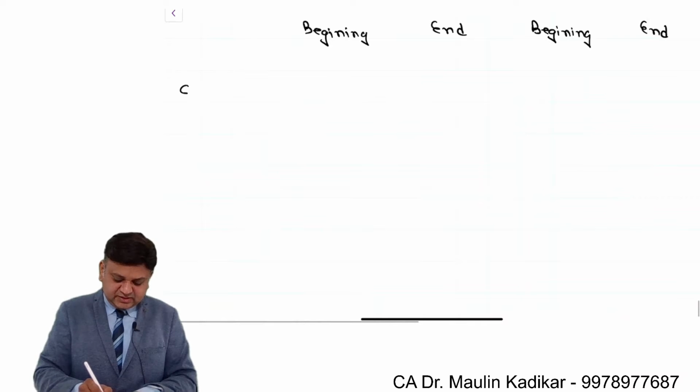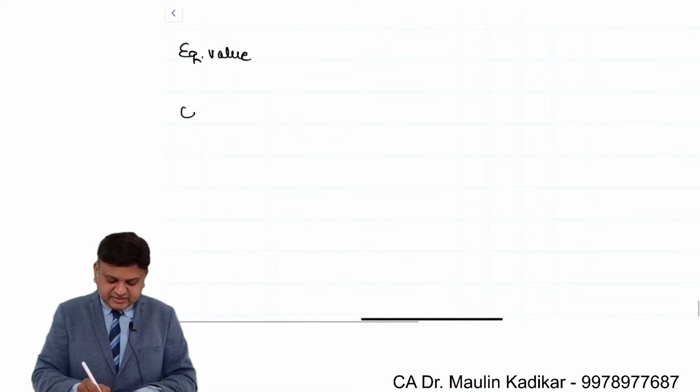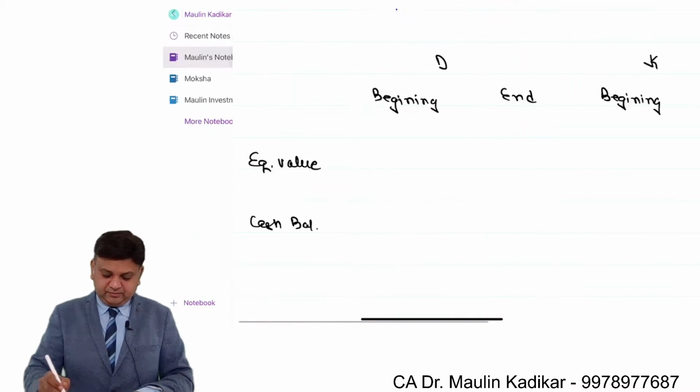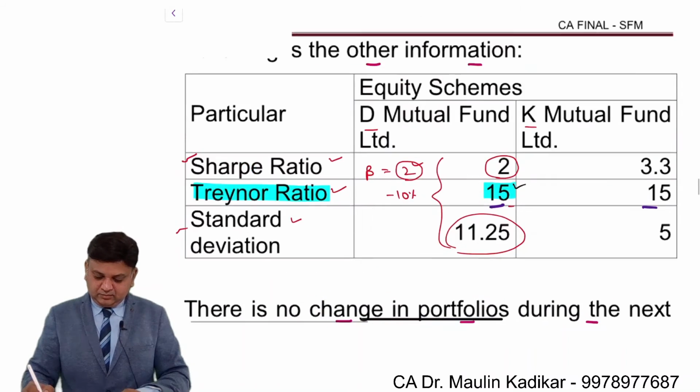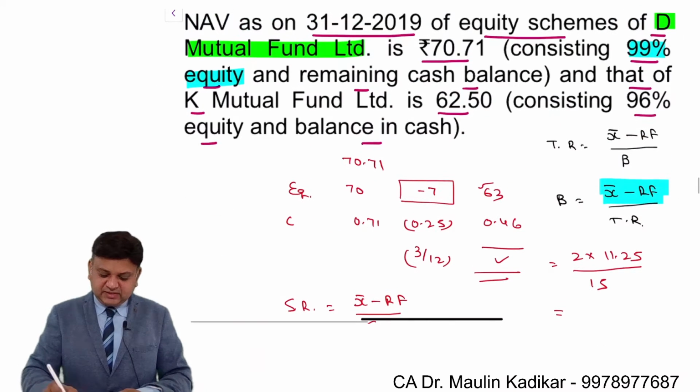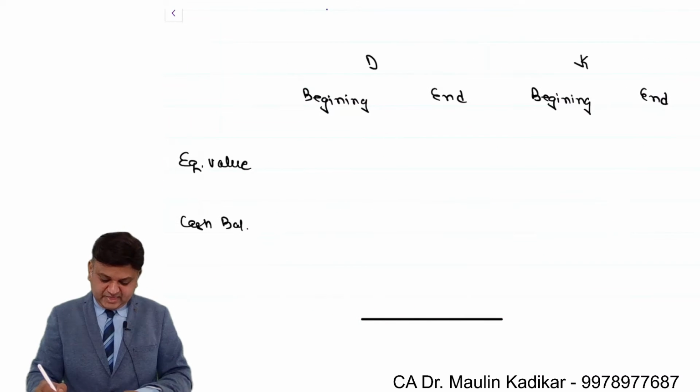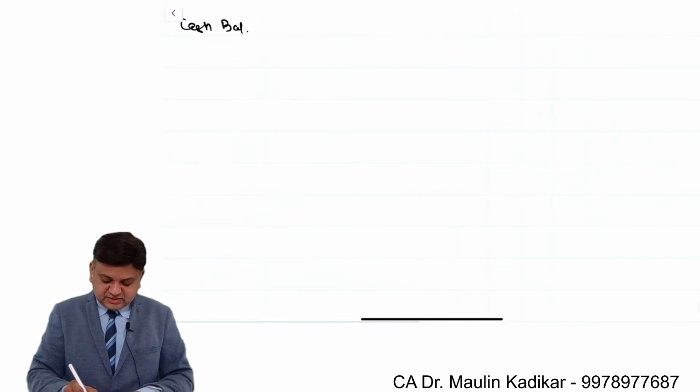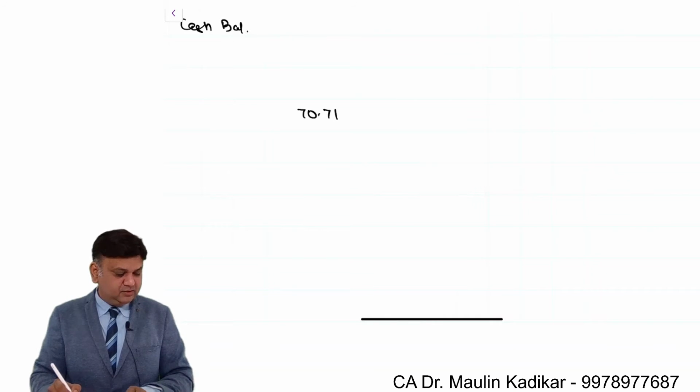We understand that it is equity value and cash balance. This is provided as 70 rupees 71 paise.